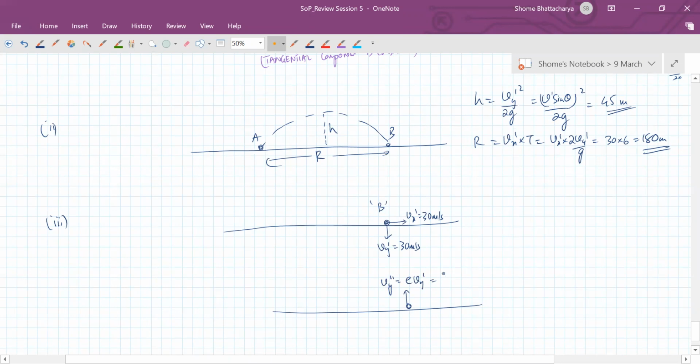So that is going to be 3/4 of 30, 22.5 meters per second. Okay.